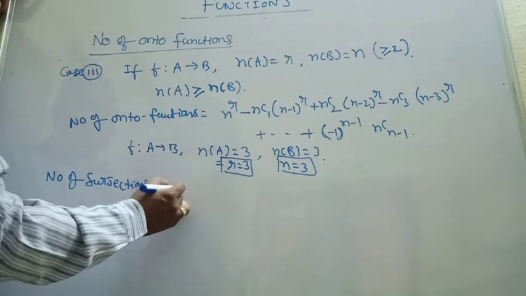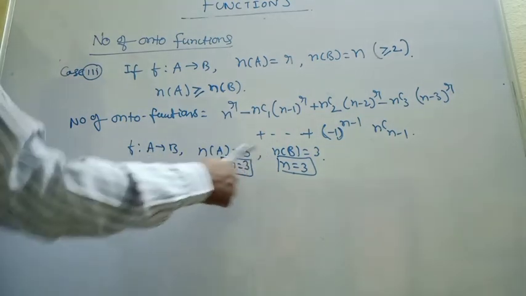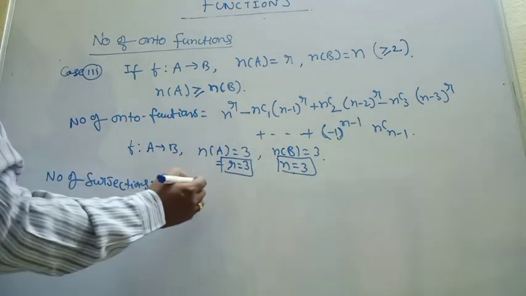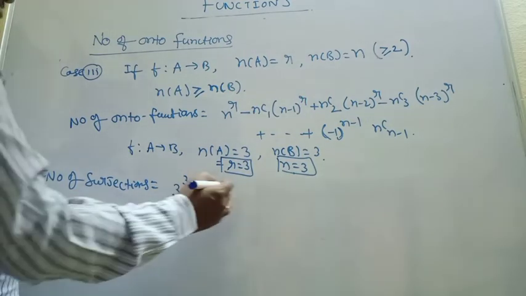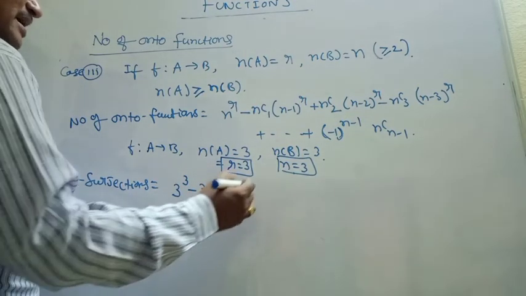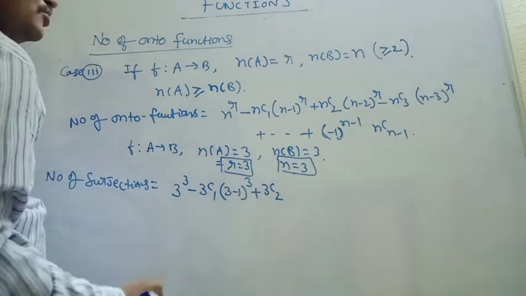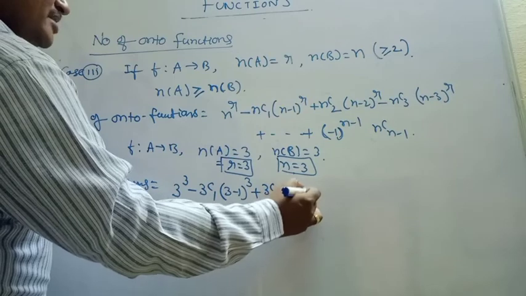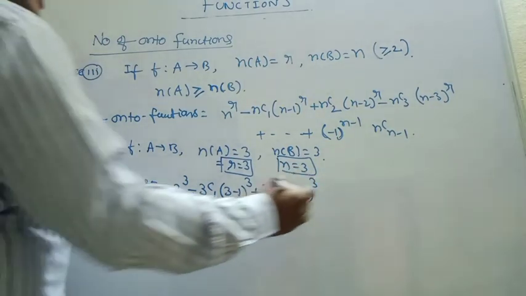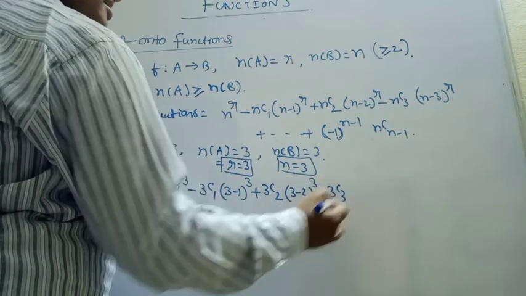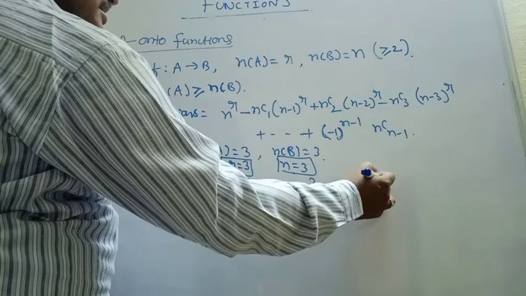The number of surjections is n^r, that means 3 cubed, minus nC1, that means 3C1 into (3 minus 1)^r, plus nC2, that means 3C2 into (3 minus 2)^r, minus nC3, that is 3C3 into (3 minus 3)^r.